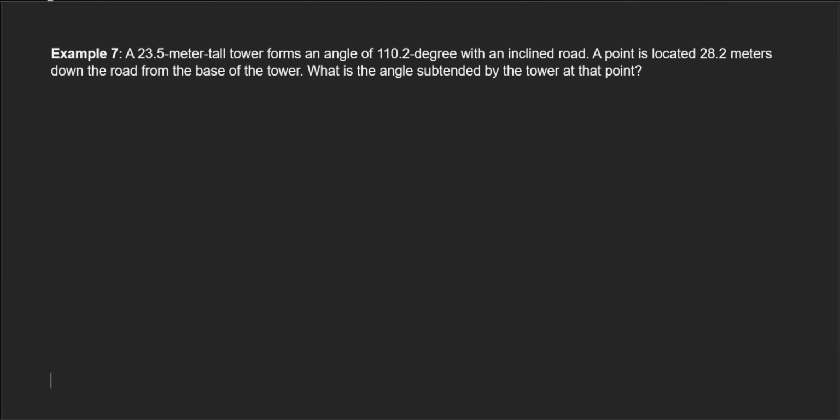So a point is located 28.2 meters down the road from the base of the tower. So the question here is, what is the angle subtended by the tower at that point?